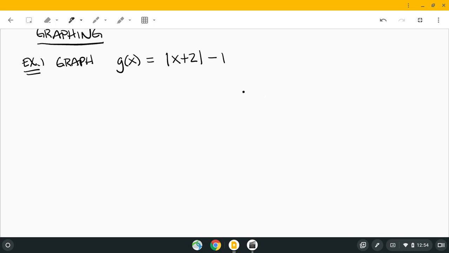Okay, so here we're adding 2 to the x. So we know that this here is going to cause a horizontal shift, and it's going to cause a shift to the left. And this will be down.